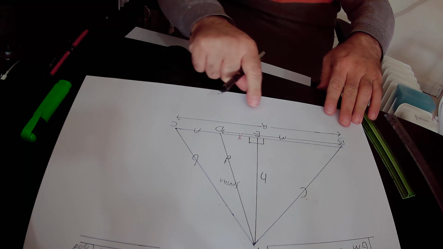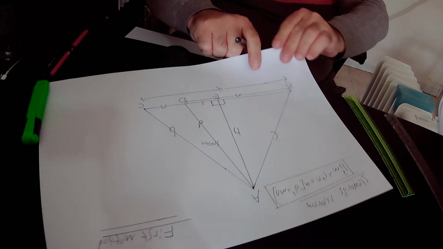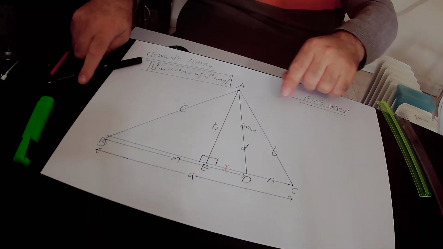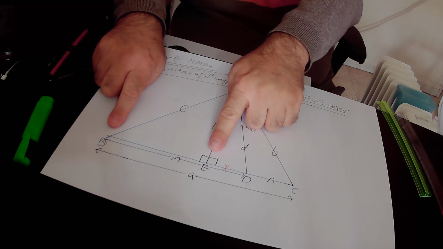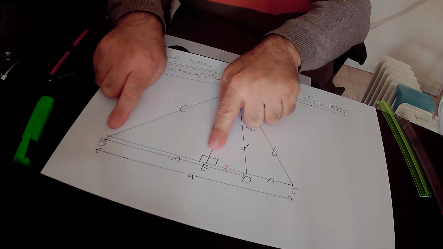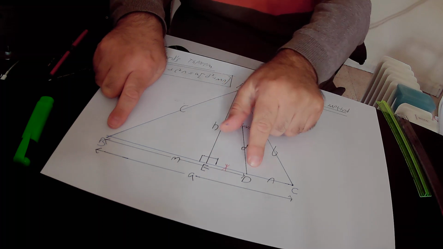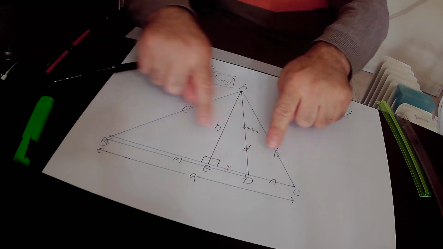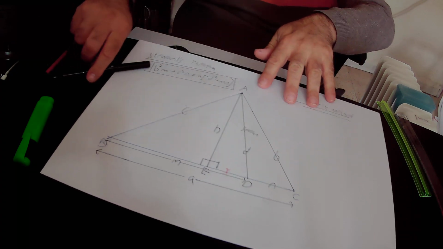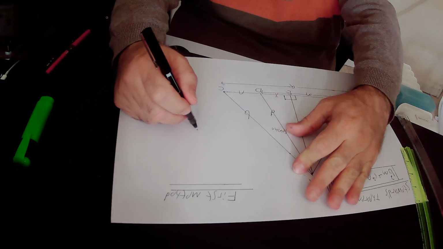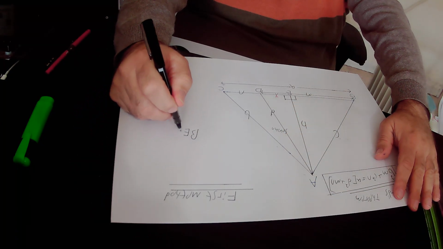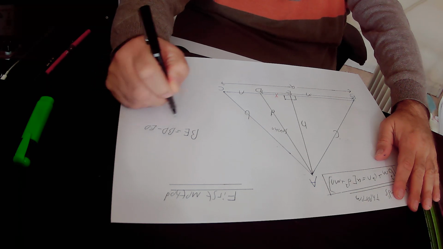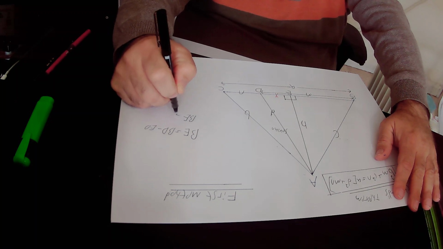What is the length of line segment BE? From the diagram it is very easy to see that BE equals BD minus ED. I write it down: BE, the length of line segment BE, equals BD minus ED.